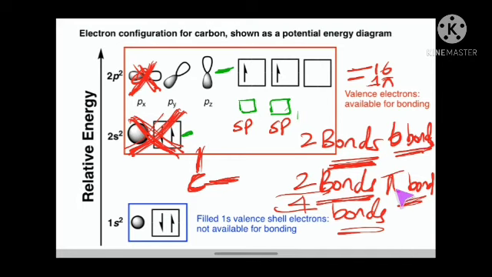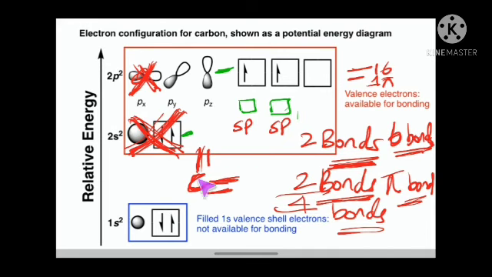Double or triple bonds. They cannot make a single bond. So this carbon should be like this, with two double bonds. This is how you relate hybridization, sigma and pi bonds, and single, double, triple bonds.